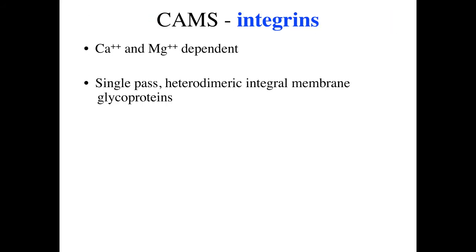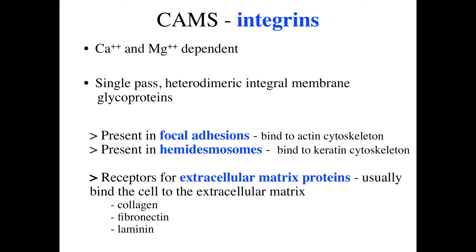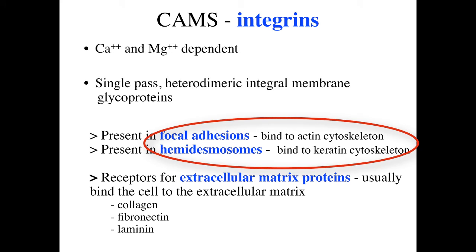And then integrins, these are calcium and magnesium dependent. These are single pass heterodimeric integral membrane glycoproteins. These are present in focal adhesions. They bind to the actin cytoskeleton. They're present in hemidesmosomes, and in this case bind to the keratin cytoskeleton.